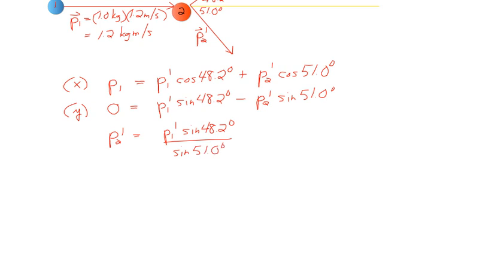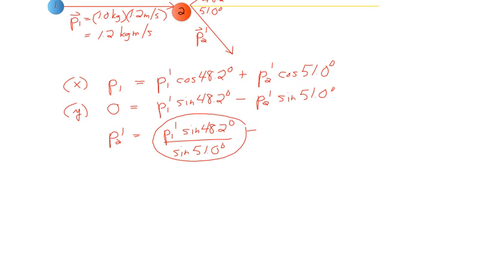That is taking that second equation and just rearranging it to solve for P2 prime in terms of P1 prime. So now I can take this right here, and it doesn't matter which one you solve for. I mean, maybe half of you in here actually solve for P1 prime instead of P2 prime. You'll still get the same answers.